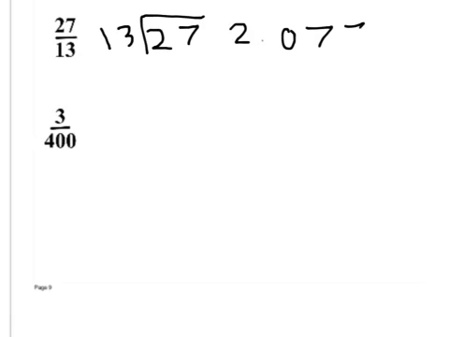27 over 13. So what am I going to do? Someone raise your hand and tell me. Mackenzie? Yep. Divide 27 by 13, which you get 2.077.